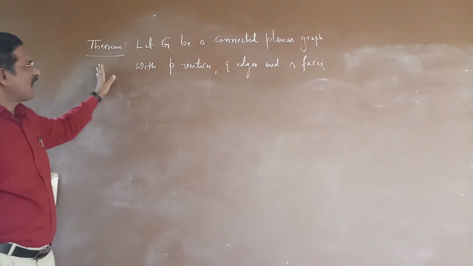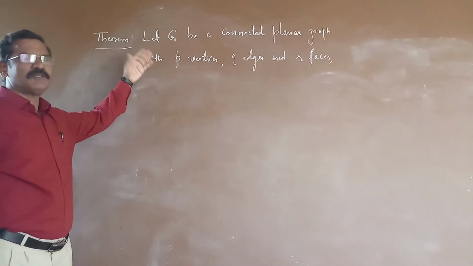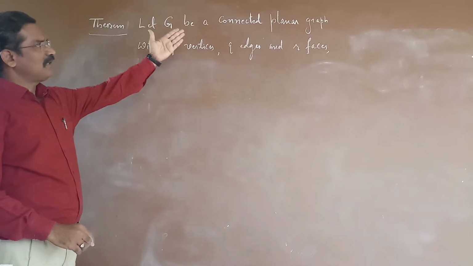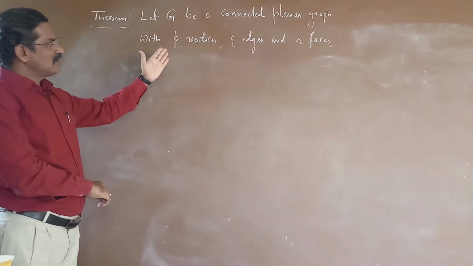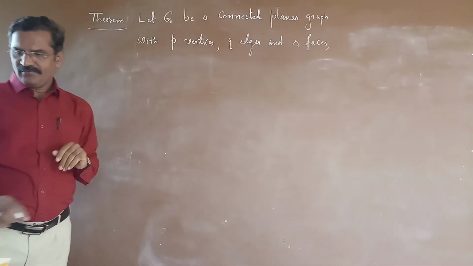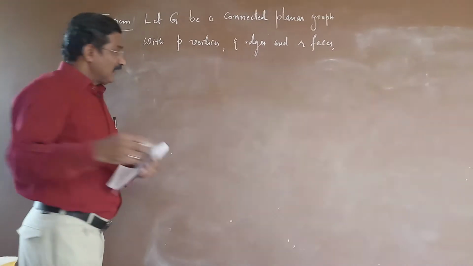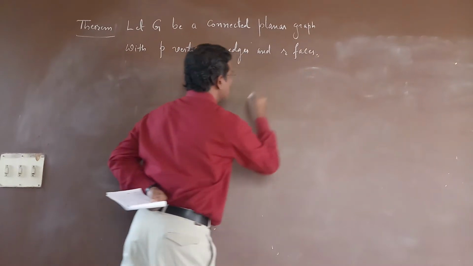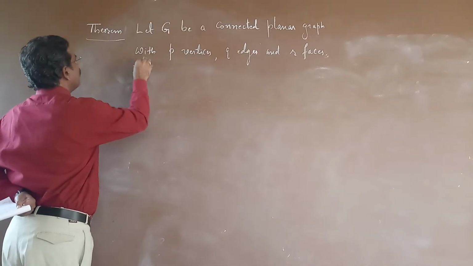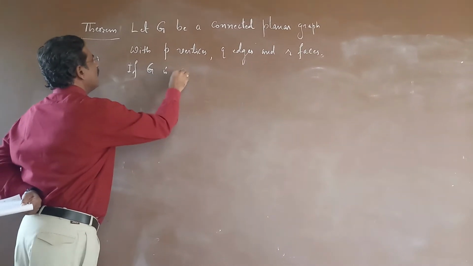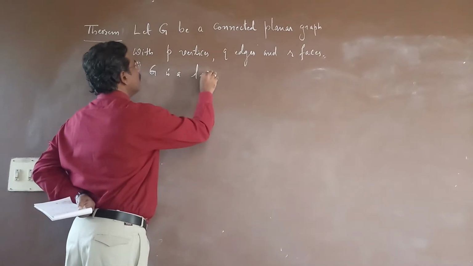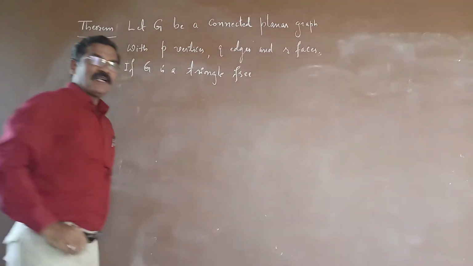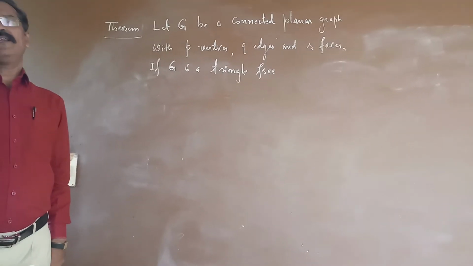Now we consider another theorem. Of course, it is similar to the previous one, but with a slight difference. Let G be a connected planar graph with P vertices, Q edges and R faces. If G is triangle free, this is the additional term, it means the graph does not contain any triangle.